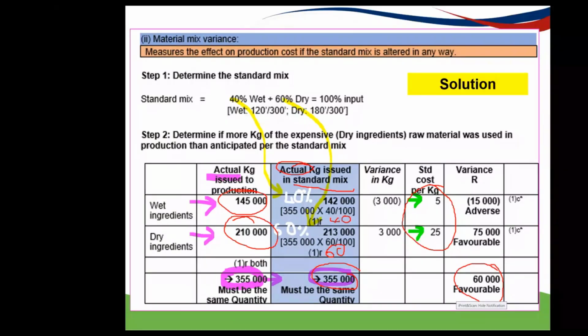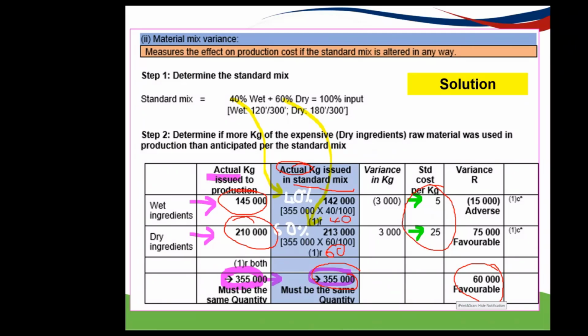Ma'am, can I please also pitch in with one last question on this? Yes. Ma'am, the standard mix there is 40 and 60%, which is okay. And the actual used wet ingredients is 145,000. And then according to the standard mix, what should have been used is 142,000.